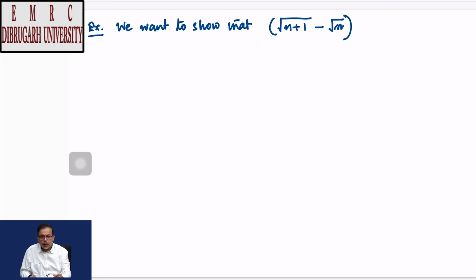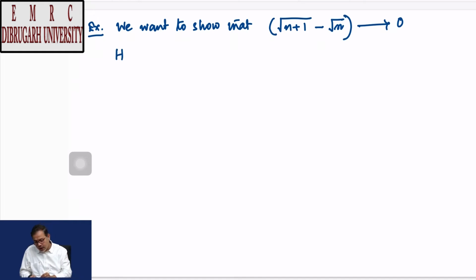The next example, we want to show that square root of (n + 1) minus square root of n goes to 0.